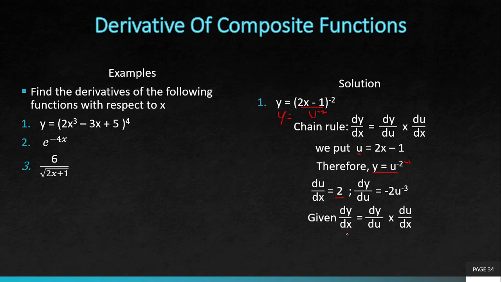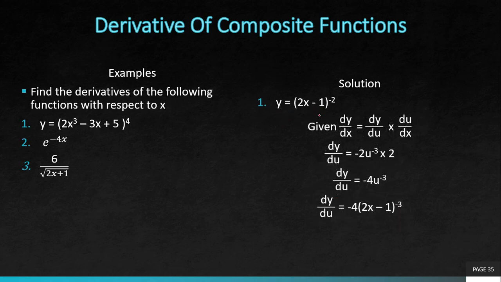Now given our chain rule formula as dy/dx equals dy/du times du/dx, we know the value of du/dx, and we know the value of dy/du. So let's put them into our formula. We get dy/du as minus 2u to the power of minus 3, and du/dx as 2. So we have minus 2u raised to the power of minus 3 times 2. Minus 2 times 2 gives us minus 4u raised to the power of minus 3.